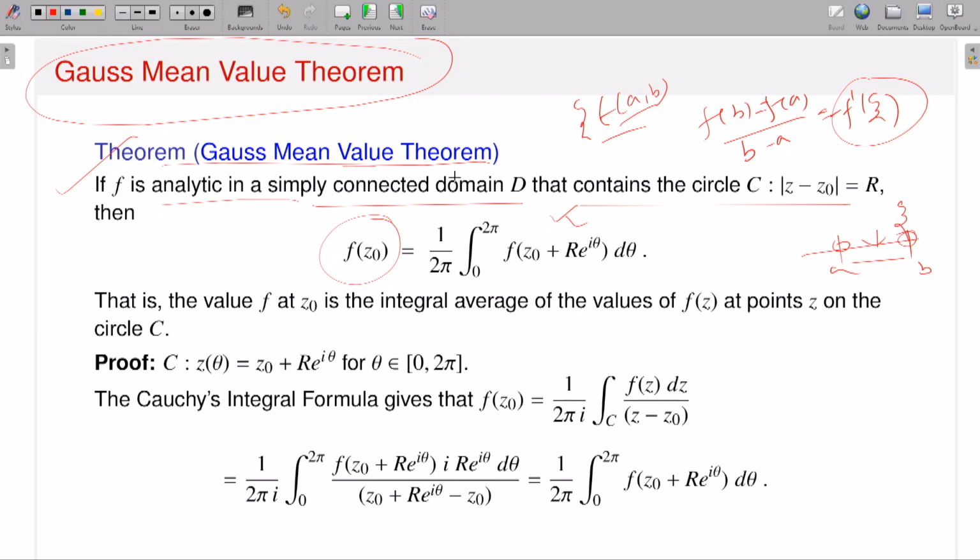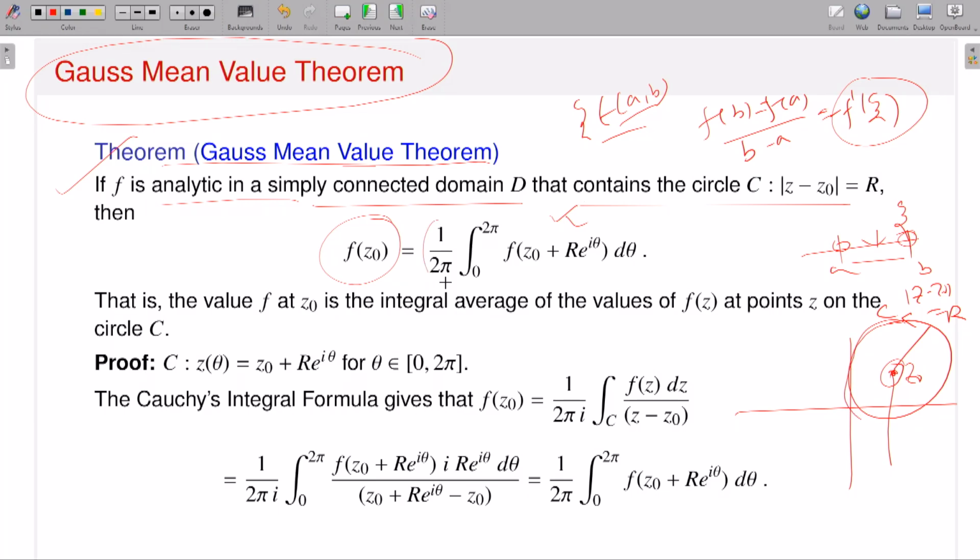Now think about your complex plane. You have a point z0, and suppose you have a circle, which is |z minus z0| equal to r, positively oriented. What I am saying is that you can get the value of your function at the interior point z0 by taking the average of the values of the function on the circle.